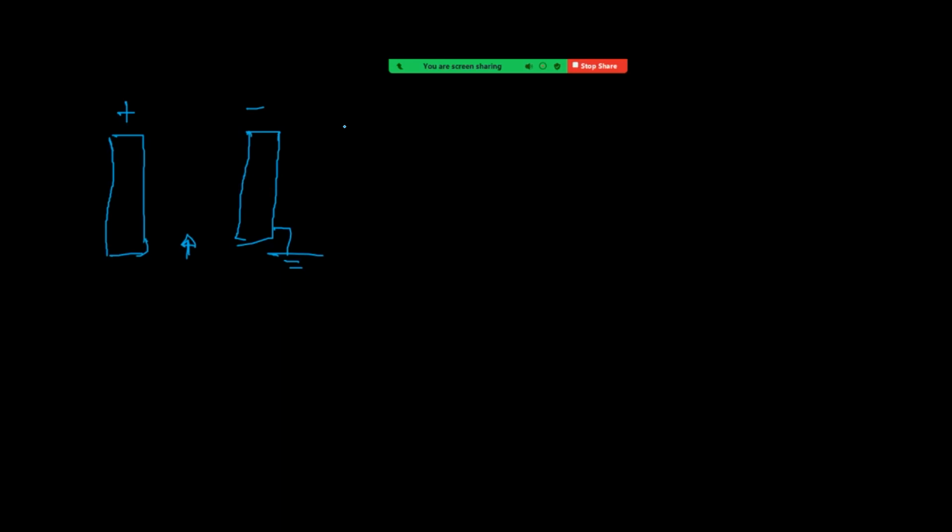Let us consider this as X and this as Y. And see what else is given here. Potential difference is 600 volt.